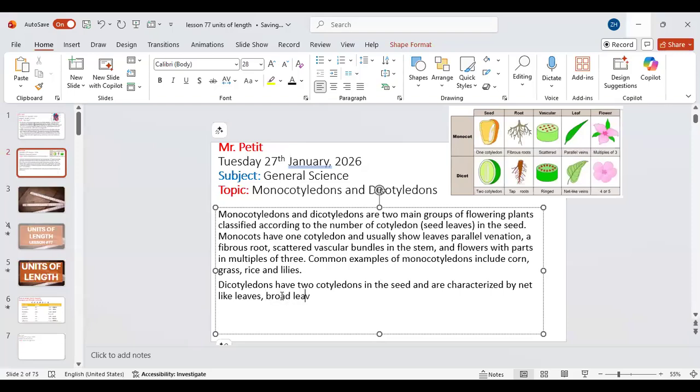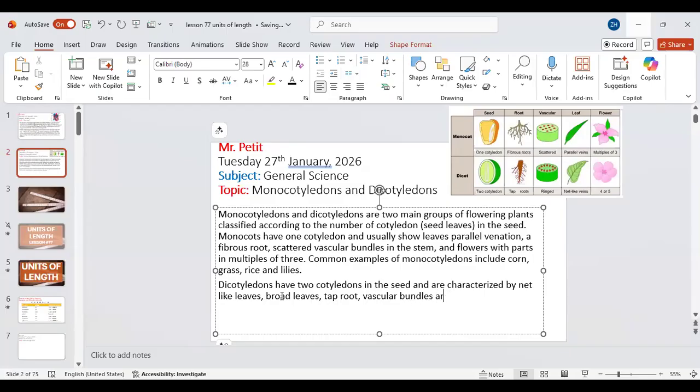Broad leaves. All right. What else do they have? Taproot. What else? Vascular bundles arranged in what? Rings. Very good.